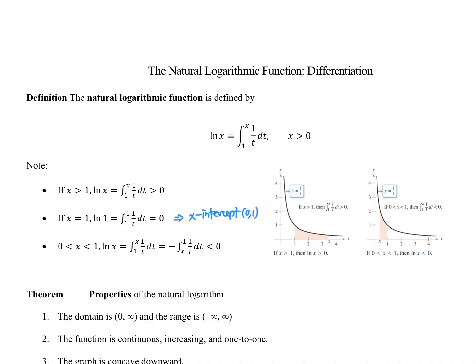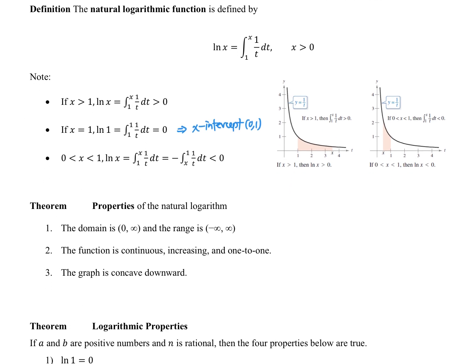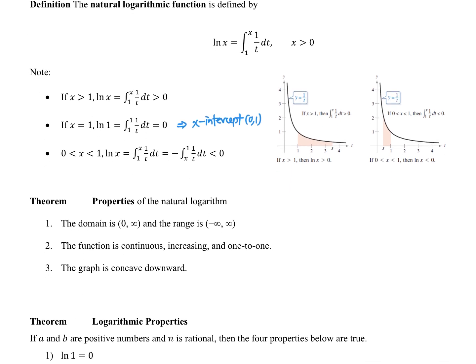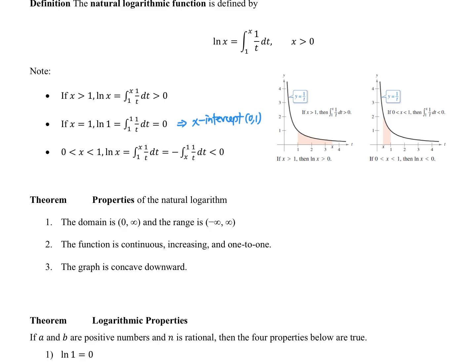Now let's take a look at its properties. First of all, the domain is 0 to infinity. This just comes from its definition. Now the range is negative infinity to infinity. In fact, when x is approaching 0 from the right, the limit is negative infinity.